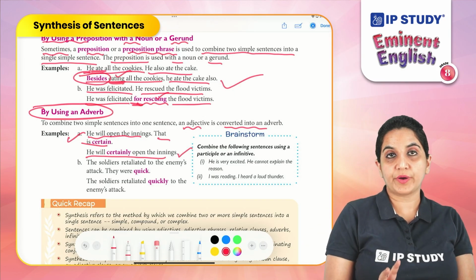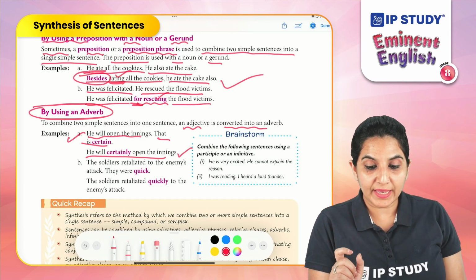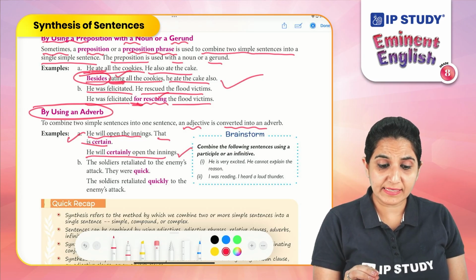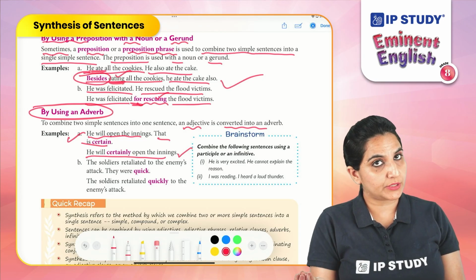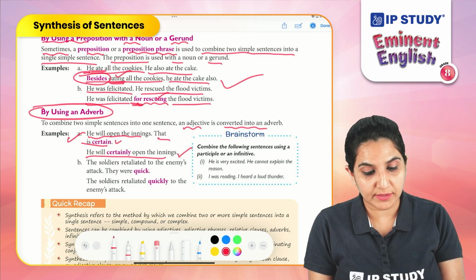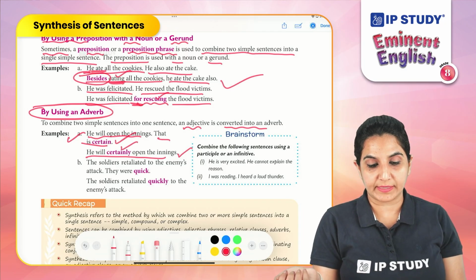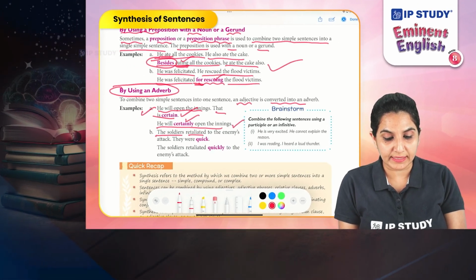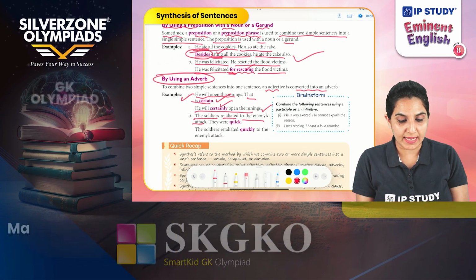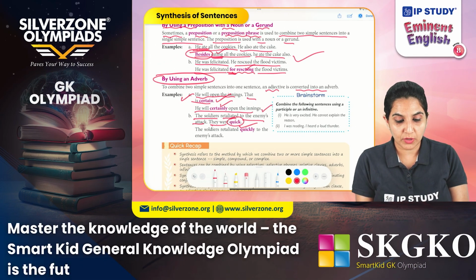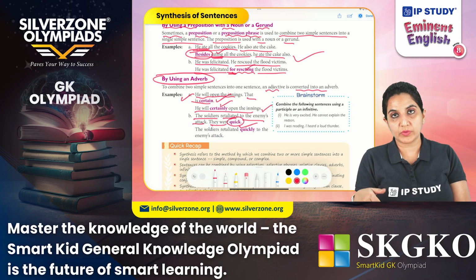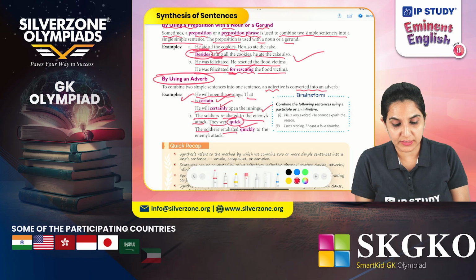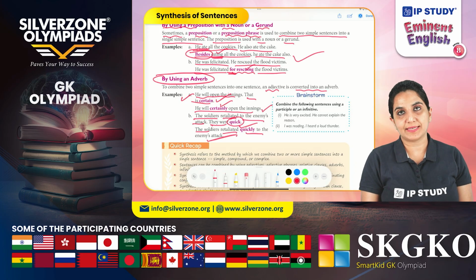So here we have joined two sentences by using an adverb, and the adjective certain is converted into the adverb certainly. Again, in the second example, the soldiers retaliated to the enemy's attack. They were quick. Here, quick is an adjective, and again we will convert this into the adverb quickly. The soldiers retaliated quickly to the enemy's attack.